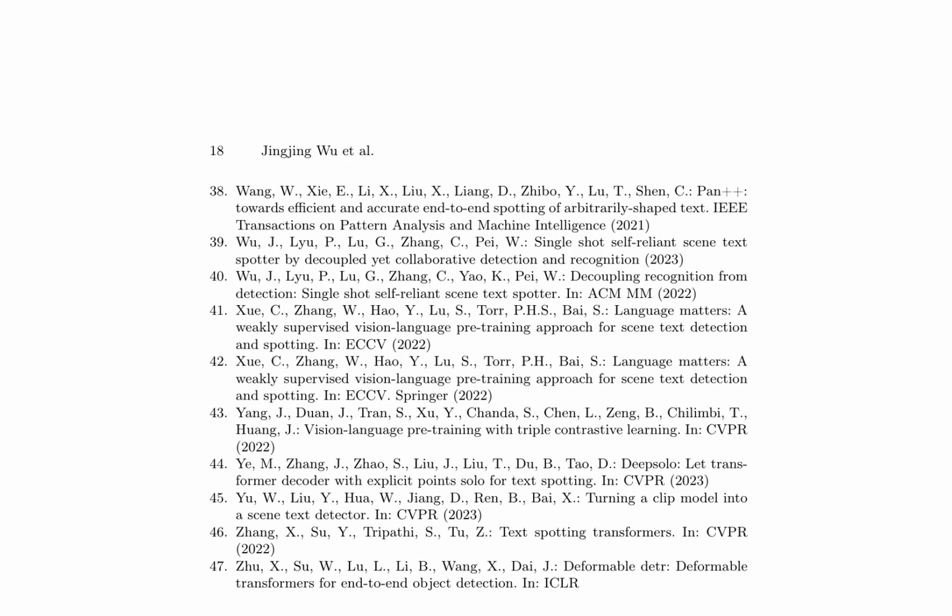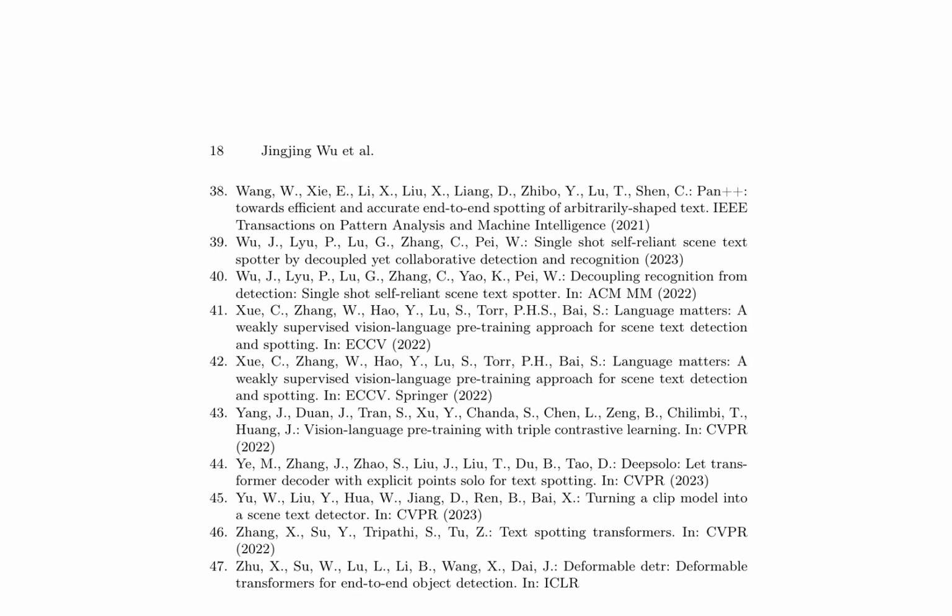Wu et al. introduced decoupled yet collaborative detection and recognition approaches in 2022 and 2023, enabling single-shot self-reliant scene text spotting. Shui et al.'s 2022 work presented a weakly supervised vision language pre-training approach for scene text detection and spotting, emphasizing the importance of language in scene text understanding.